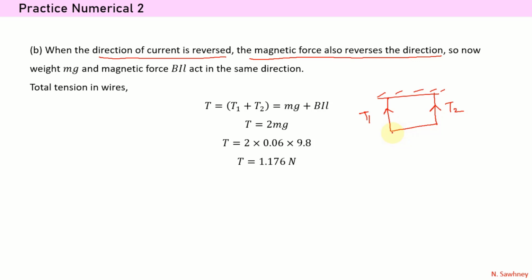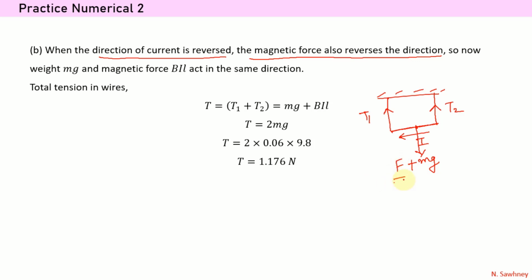This is the conductor, and here the conductor is having current in the opposite direction. Let the current be flowing in this direction. So now the weight mg will be vertically downwards, and when we apply the rule, the force component will be downward.